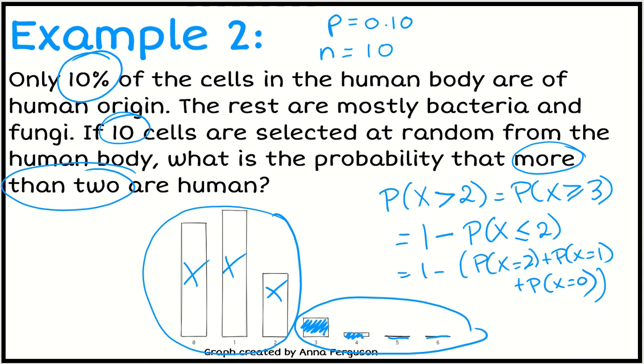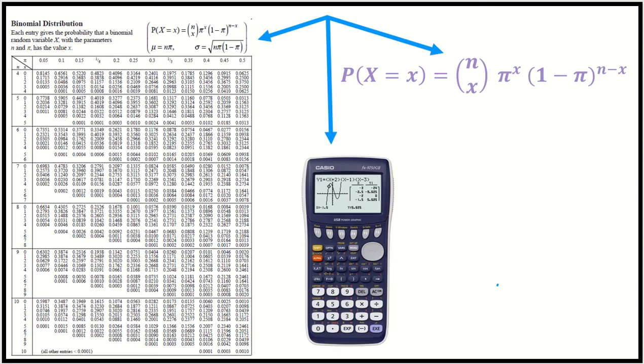So let's go to our options. We could go to the table. Let me write up top, probability of success of 0.1, and the number of trials is 10. So I can go on my table and find my 0.1 probability. N is 10, that's this bottom piece down there. And you can see in that column I've got a bunch of numbers.